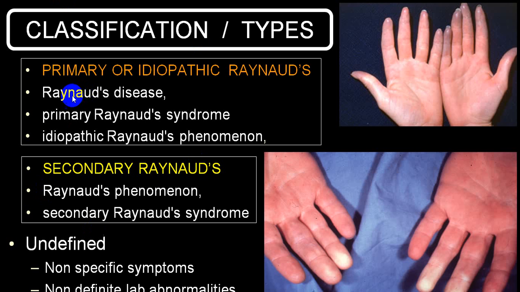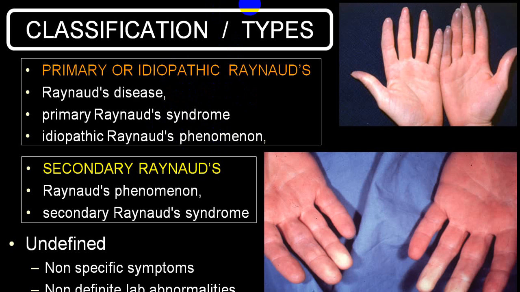We also call that primary Raynaud's syndrome or idiopathic Raynaud's phenomena. But here we don't know the exact etiology. It is very common in females. We'll explain this in short in one slide.